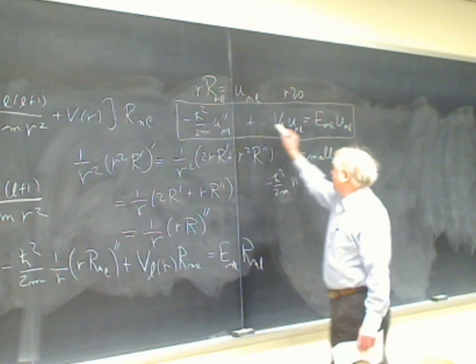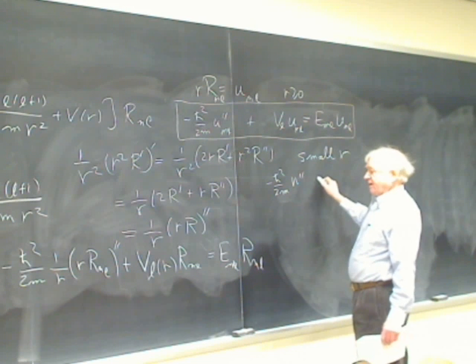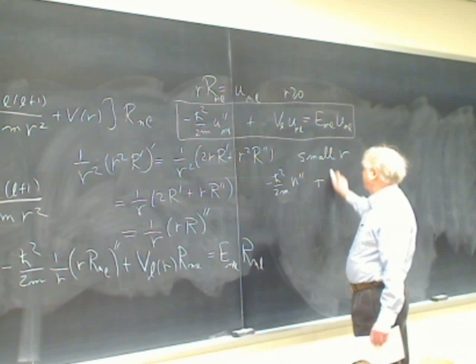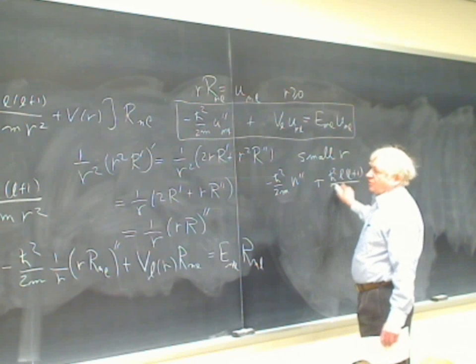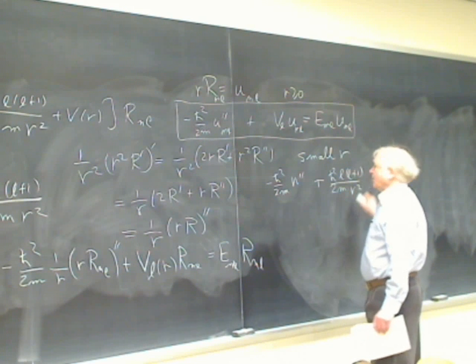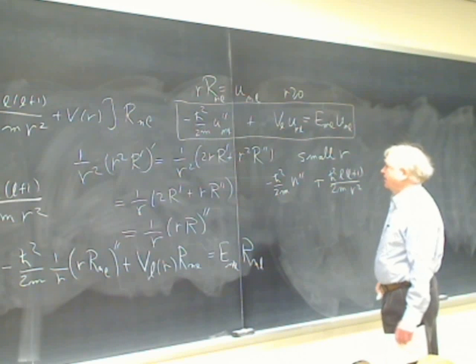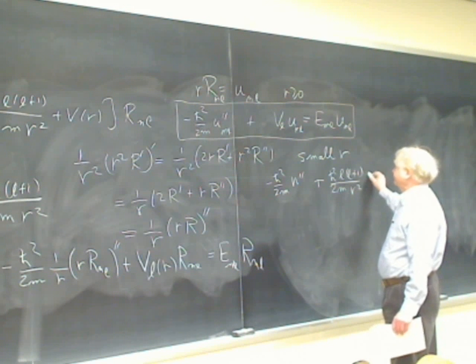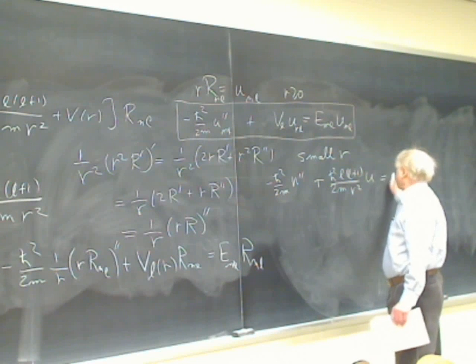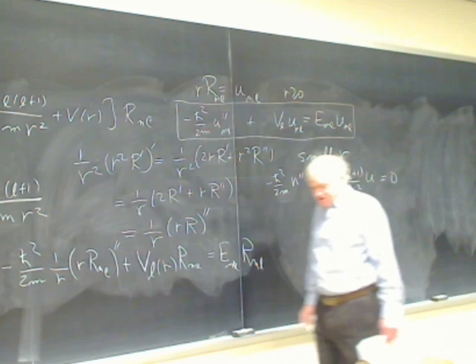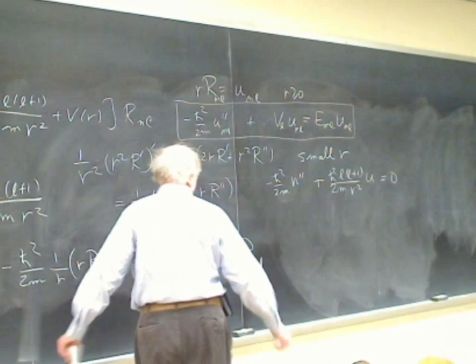That's going to be important. And then over here, we're going to have plus h bar squared l times l plus 1 over 2m r squared times u equals 0. So this is what the equation is going to look like at small r.